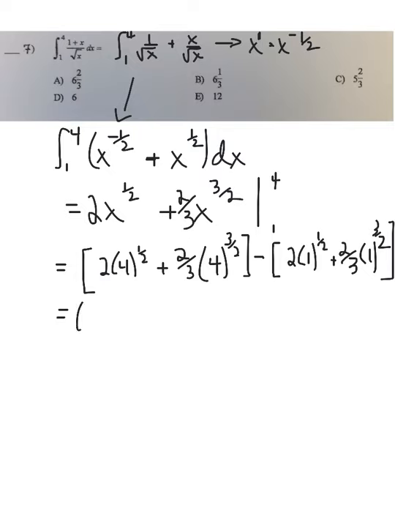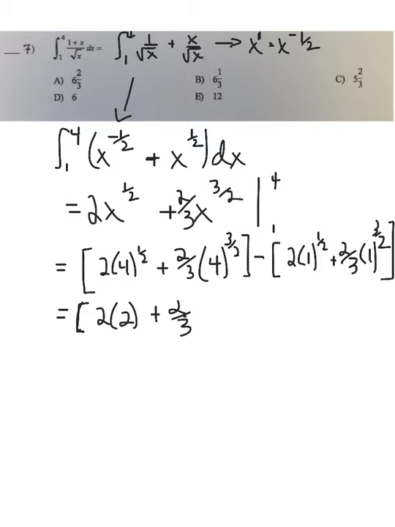So this is really just going to be 2 times 2, because 4 to the 1/2 power is really radical 4, plus 2/3. All right, let's talk about this for a second. This is power over root. So we're taking the square root of 4, which is 2, and then that 2 cubed is 8.